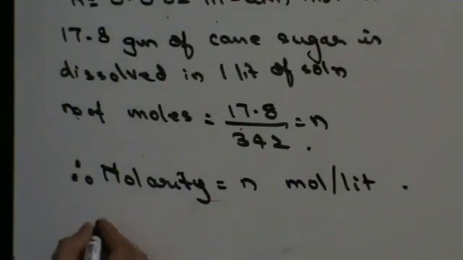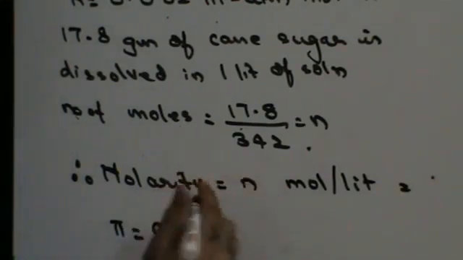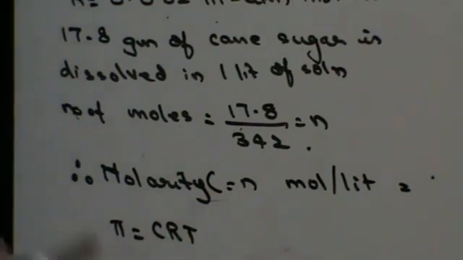Now, I can say that osmotic pressure is CRT. Molarity is nothing but your concentration, a method to measure concentration. So I know concentration, R is given to me. T is what they have asked you to find out.